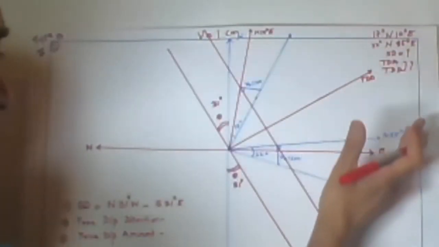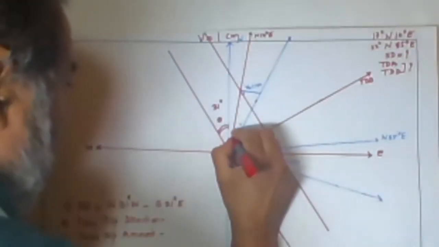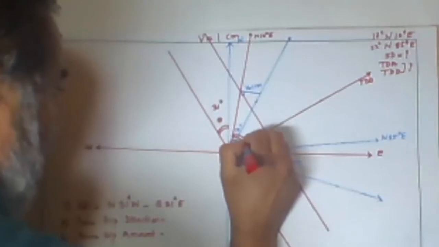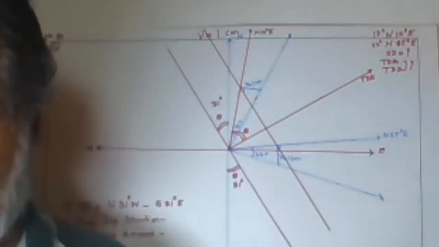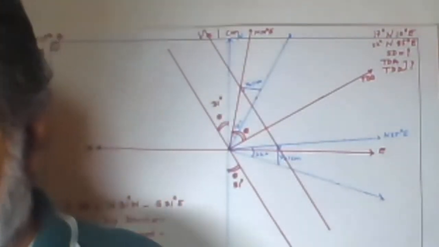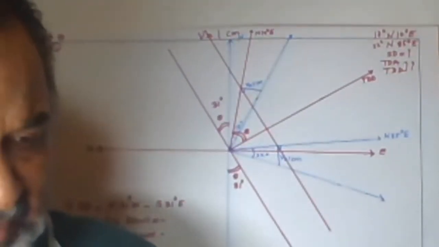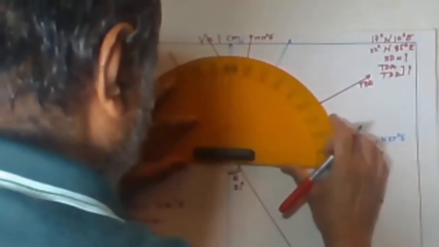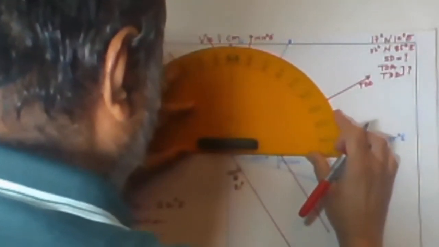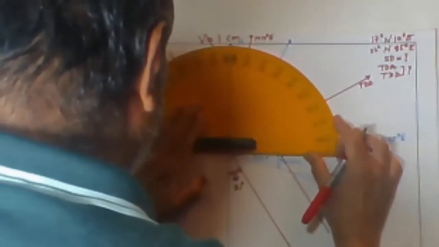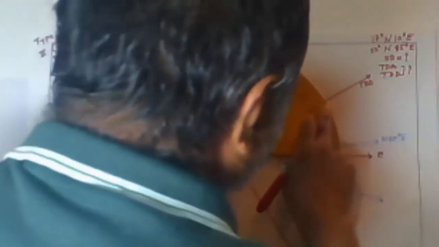So north, and this is east. So you have to measure this angle. How much is that? I will not use the transparent protractor, just the glass one. 10, 20, 30, 40, 50, 60.